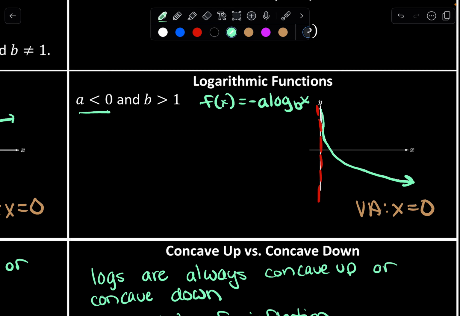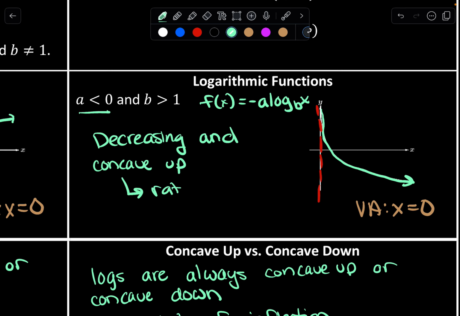All right, so this one, the function is decreasing and concave up. And because it's concave up, that means the rate of change is increasing. So in this course, we relate the change and the rate of change to concavity only.